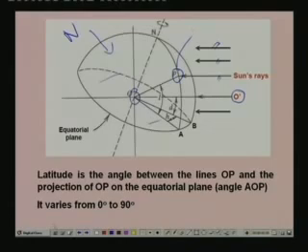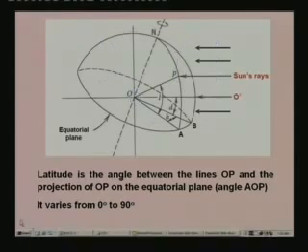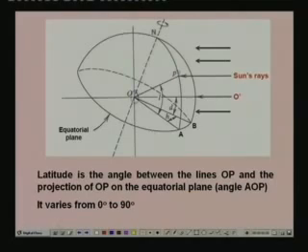Now, with reference to this, we define all these basic solar angles, starting with the latitude. Latitude is defined as the angle between the line OP, which is the line joining the center with the point P, and the projection of OP on the equatorial plane. The projection of OP on the equatorial plane is nothing but OA. So, the latitude is the angle between OP and OA, that is angle AOP, this angle.